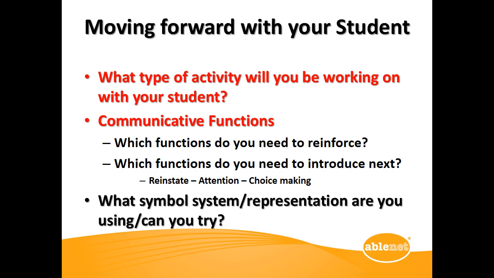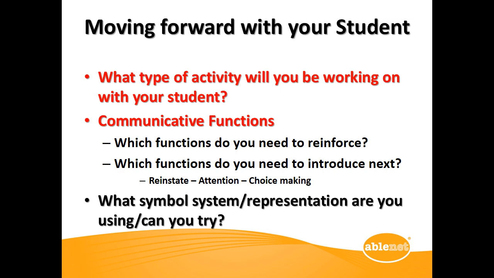Is it a way to appropriately refuse? If they're a no kind of kid, everything is no, and no is slapping it away or slapping at you, or just all the different ways that they refuse, you want to be able to teach them a way to say no in a way that is socially appropriate, or a way that's clear to people that are unfamiliar partners. That might be something that you want to be working on.